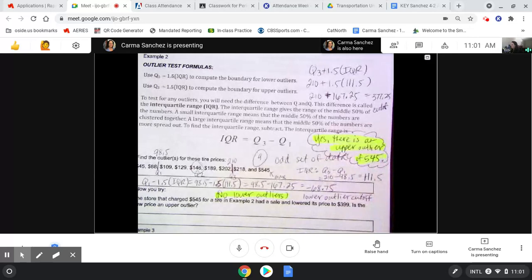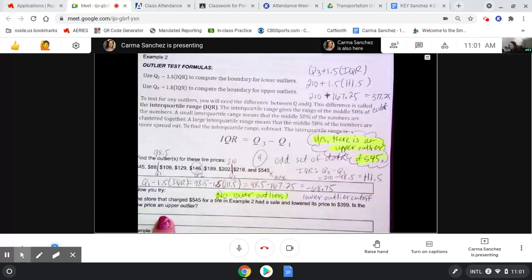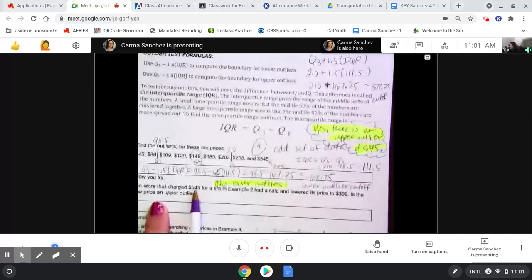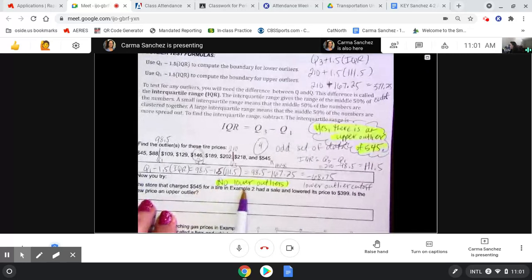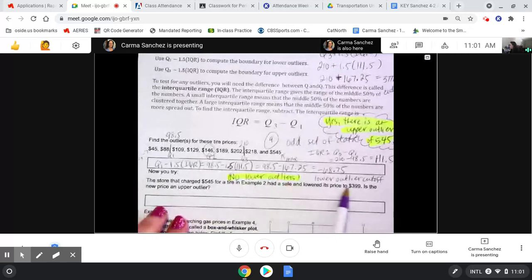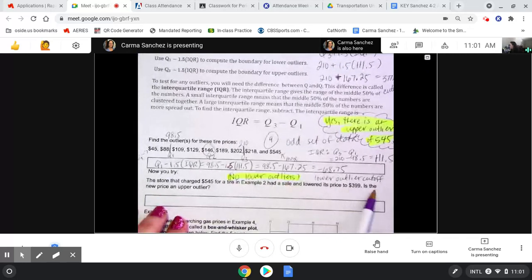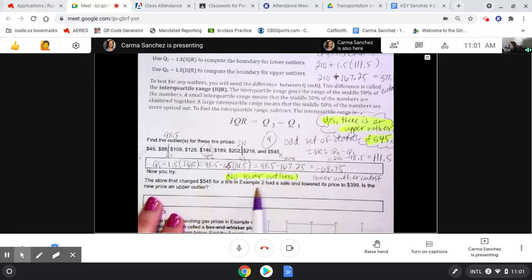Okay, the next question says, if the store that charged $5.45 for a tire in example 2 had a sale and lowered its price to $3.99, is the new price still an upper outlier? So imagine that this number right here crossed out and became $3.99.